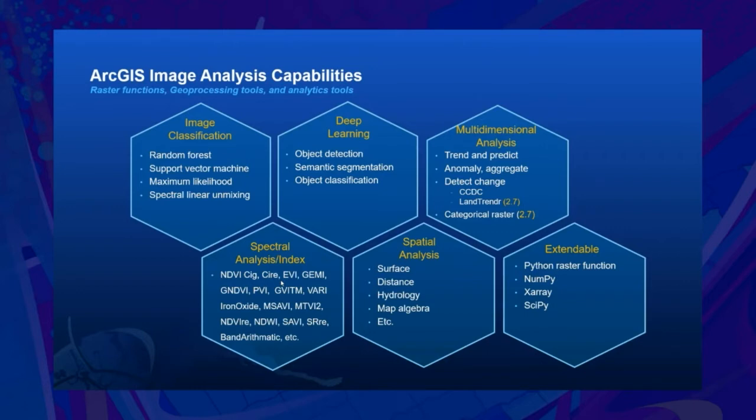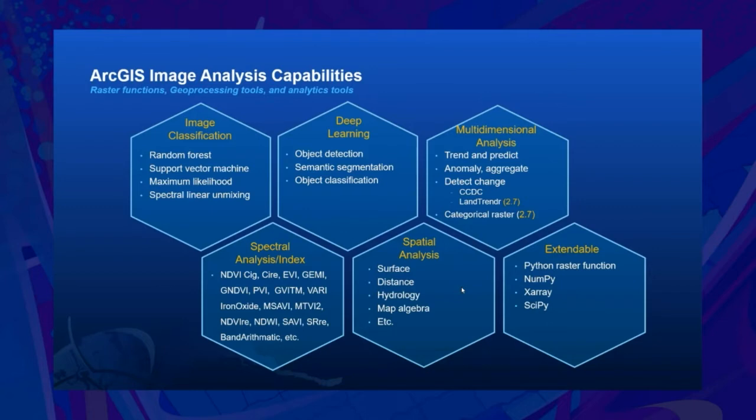The spatial analysis capabilities include hillshade, interpolation, slope, distance, hydrology calculation, and so on. These capabilities are all available as functions, geoprocessing tools, or service tools, which you can access using Python.